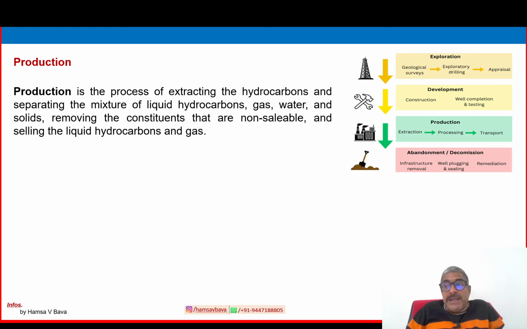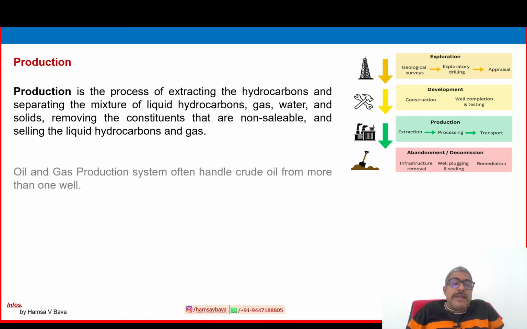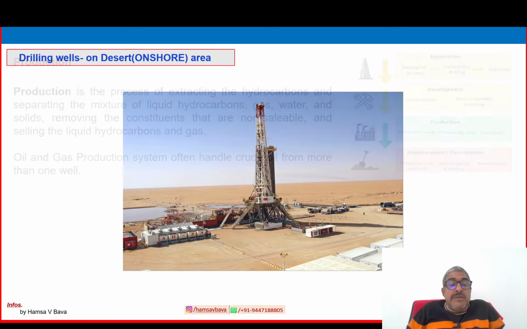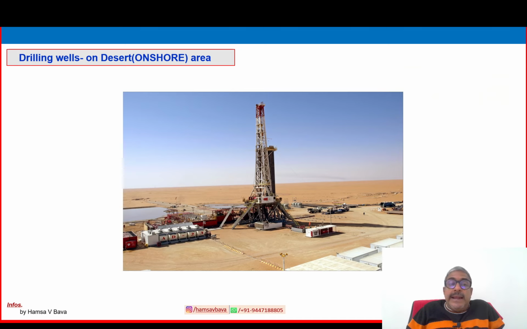Various primary and secondary treatments are there. Oil and gas production systems often handle crude oil from more than one well. Definitely not only one well. Once well development is finished, then in the production stage various wells are constructed or drilled, and a number of wells are connected to a production system. We will discuss this in detail at a later stage.